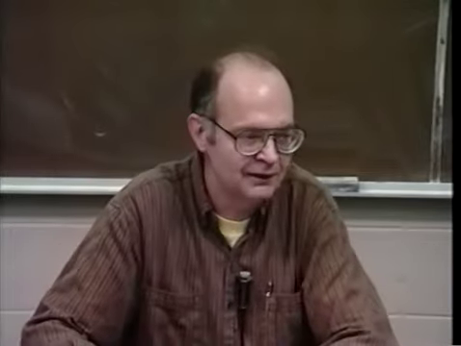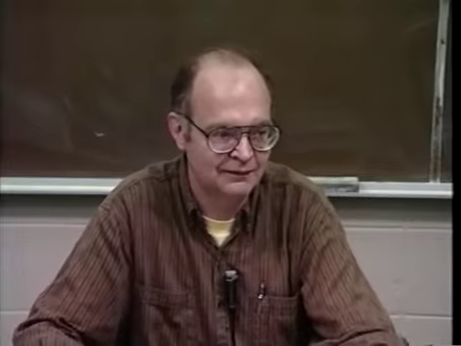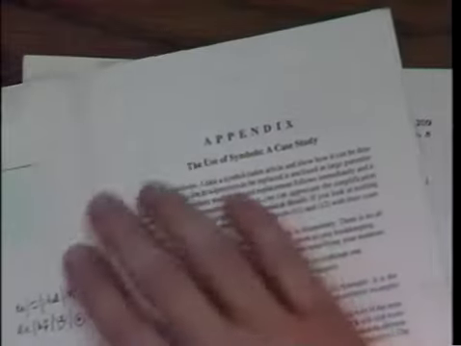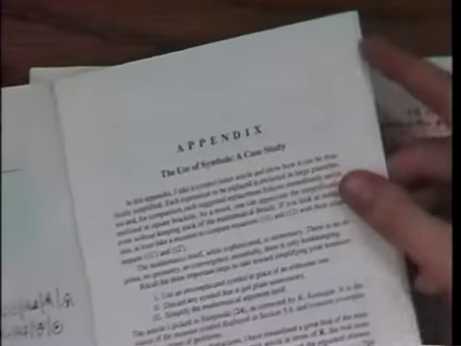So now let me explain the idea of this homework problem. In this book, which you'll find is not difficult to read in a short time, there's an appendix at the end, and he talks about the use of symbols.